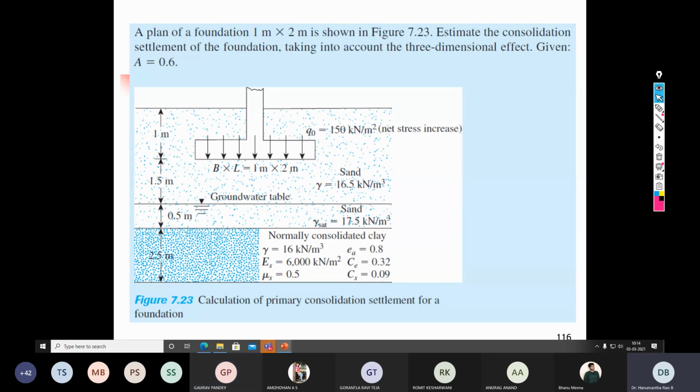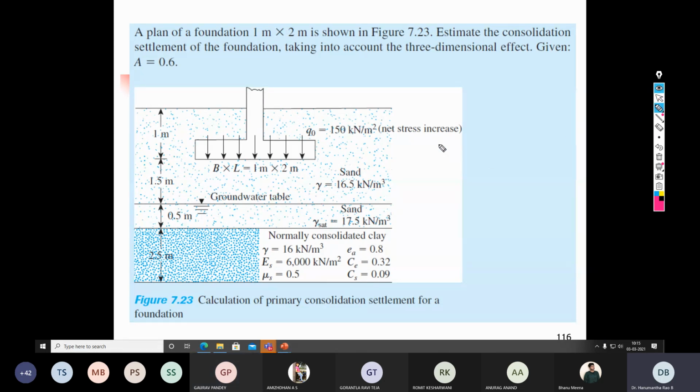No, that is for over consolidated. So, for normally consolidated: Cc by 1 plus e naught into H into log of sigma naught dash plus delta sigma divided by sigma naught dash. Yes, sir.